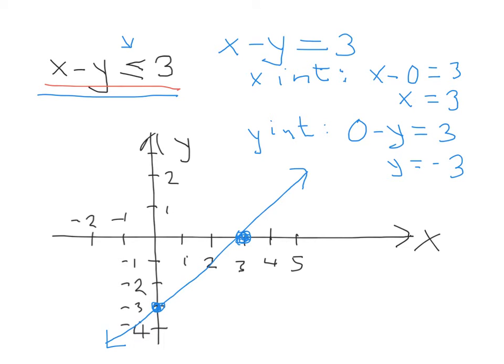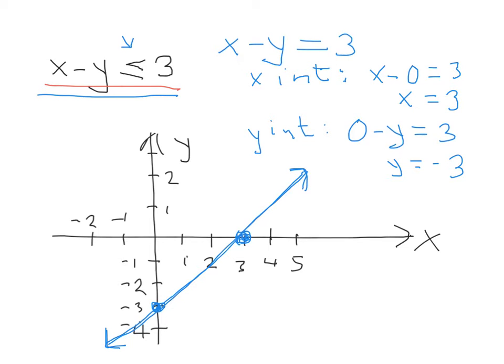Just like when we went from linear equalities in one variable and had an answer like x equals 5 to linear inequalities in one variable and had an answer like x is less than 5 that represented a whole region, we've got a similar thing happening here. With x minus y equals 3, we've got just this line as the answer. With x minus y less than or equal to 3, we've got either the entire region above the line as the answer or the entire region below the line as the answer.